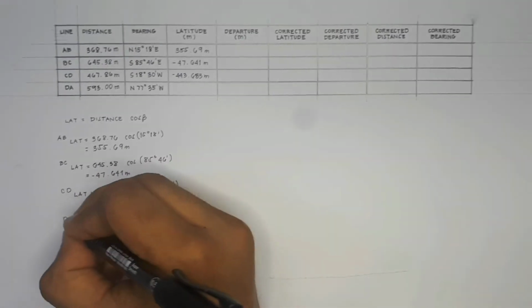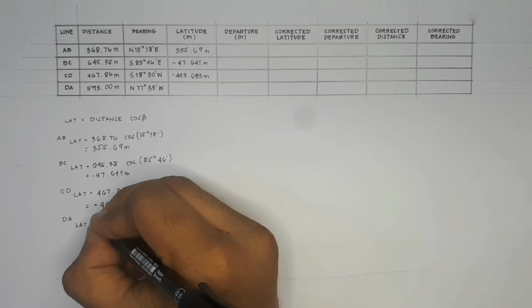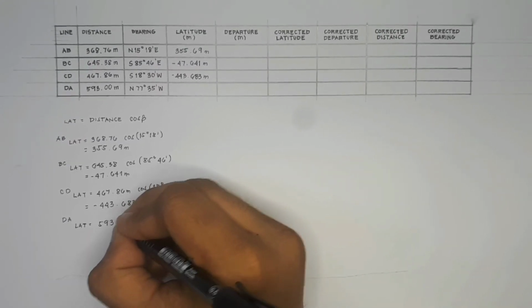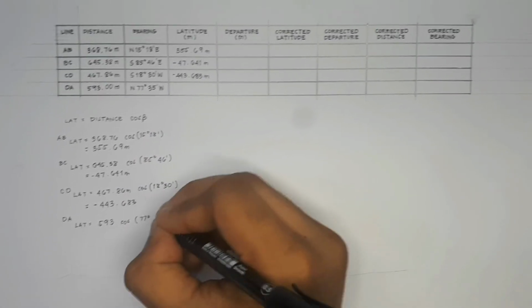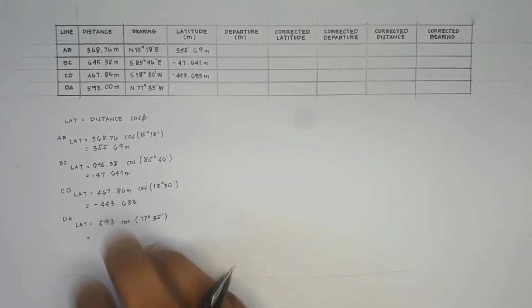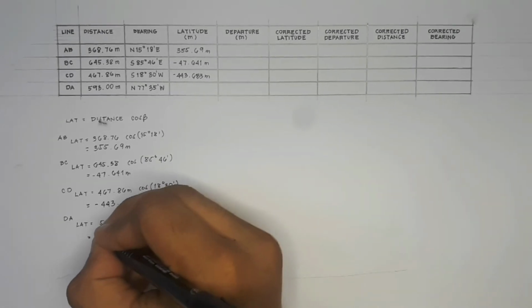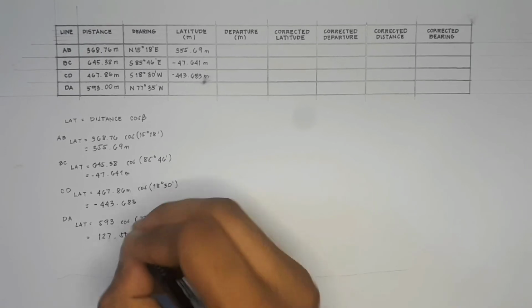Now for line DA. Latitude is equal to the distance, which is 593 meters, times the cosine of the bearing angle. So we have 77 degrees 35 minutes, and this will give us 127.507 meters.